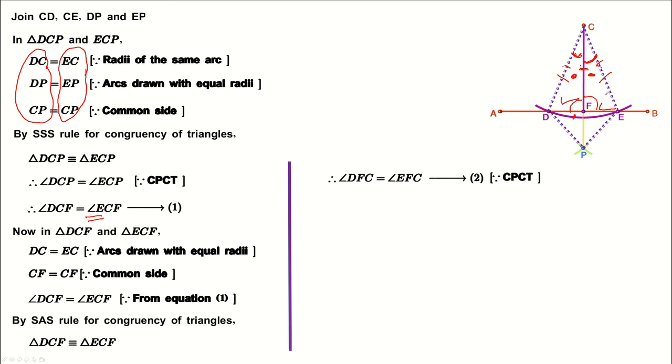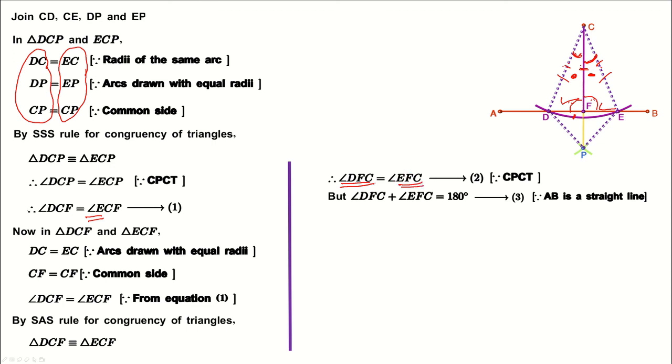Now, these two angles, this and this, these two together make a straight angle. Their sum is 180 degrees because AB is a straight line. Let us call this equation 3. Now, we have angle DFC equals angle EFC.